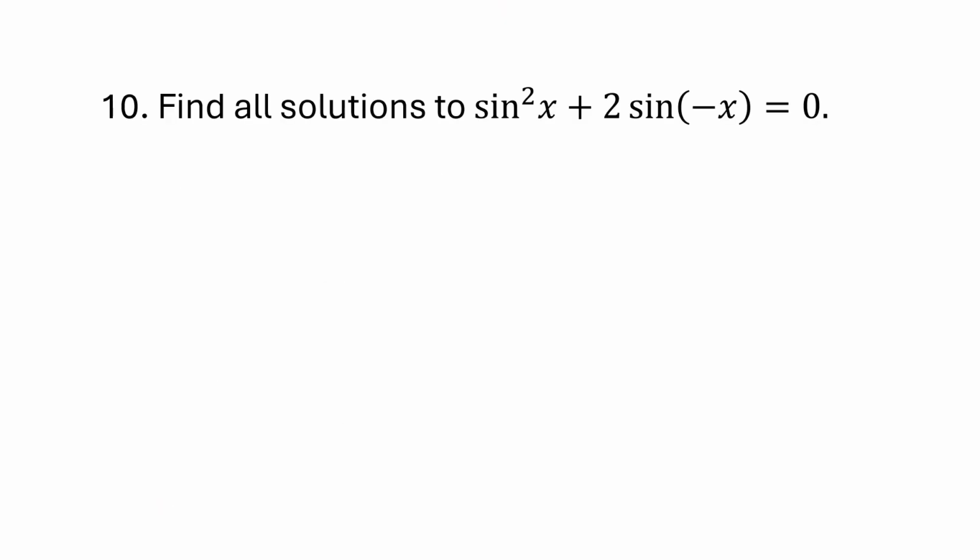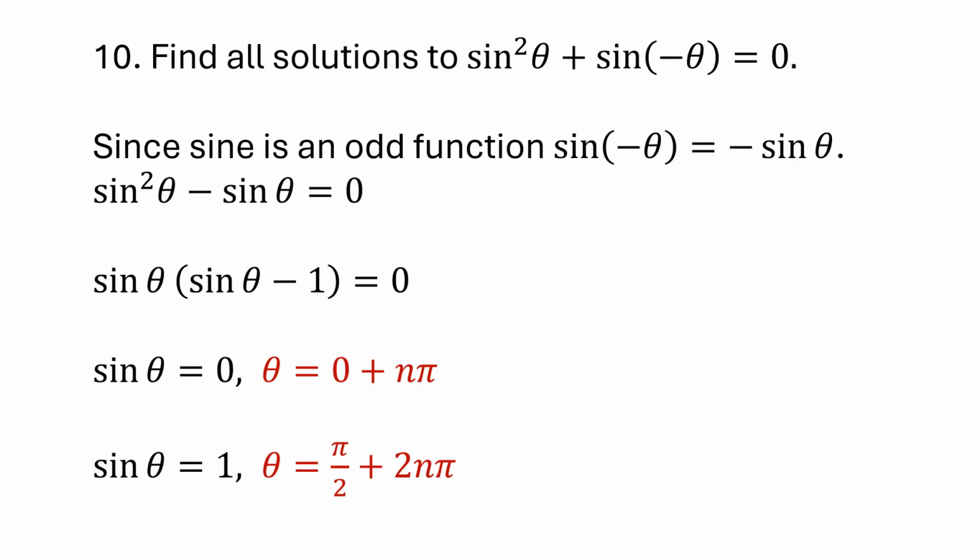Find the solutions to sine squared x plus 2 sine of negative x equals 0. Well, sine is an odd function. An odd function tells us that since the sine is odd, the sine of negative x equals negative sine x, or the sine of negative theta equals negative sine theta.